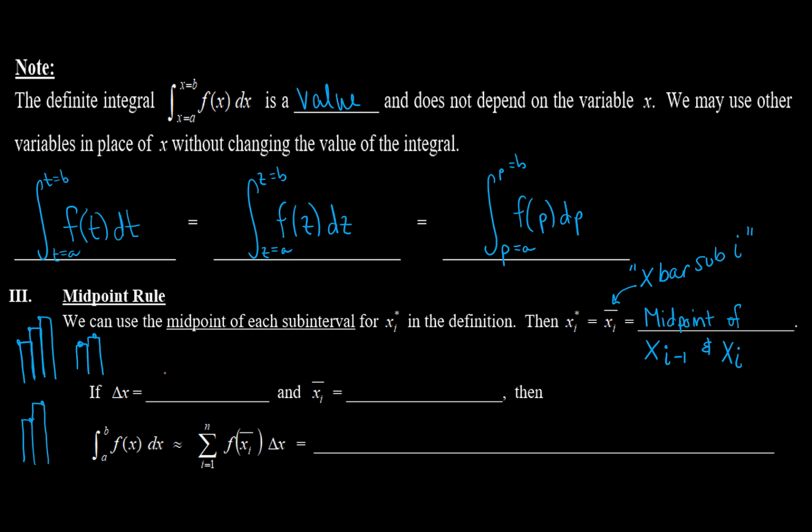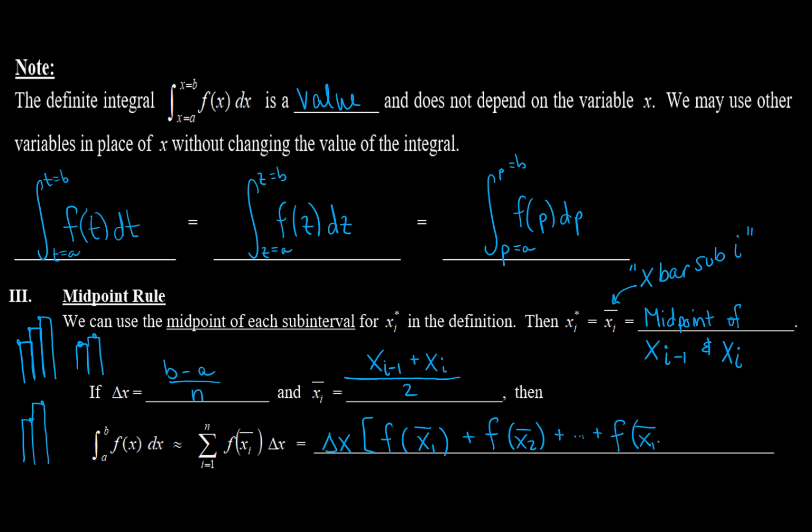So again, delta x is just going to be that b minus a over n, and x bar sub i is going to be equal to the sum of the interval endpoints divided by 2. Okay. And then if I'm trying to find this, I'm just using the x bar value in there. So it would be delta x times f of x bar 1 plus f of x bar 2 plus blah, blah, blah, all the way to f of x bar n.